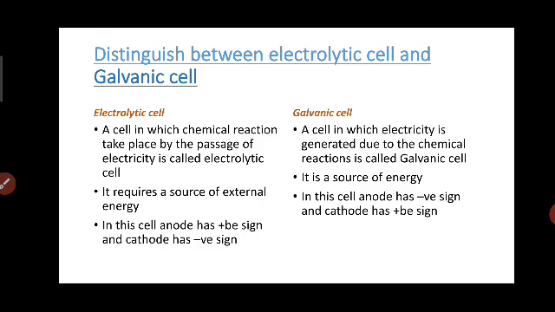In the electrolytic cell, the anode is designated positive and the cathode is represented with the negative sign. In the galvanic cell, you represent the anode with the negative sign and the cathode with the positive sign.